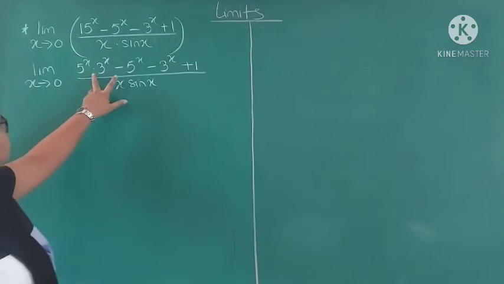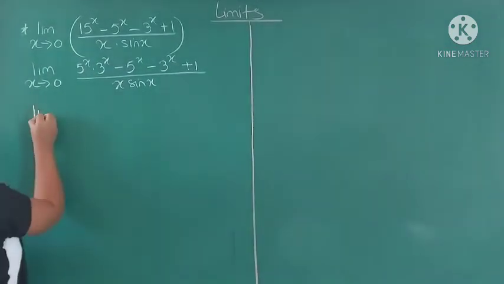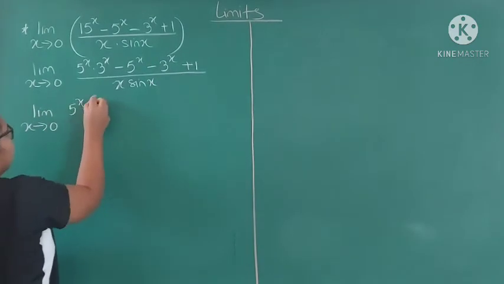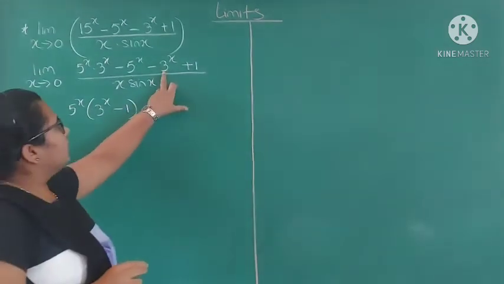Okay, now from the first and the second term you can take 5 raised to x common out. So limit as x tends to 0, 5 raised to x into 3 raised to x minus 1, and from the third and fourth term.